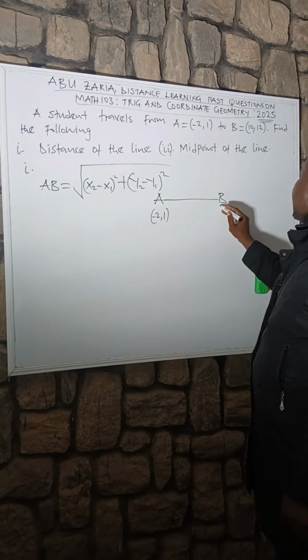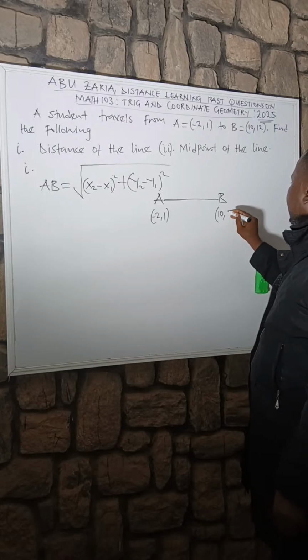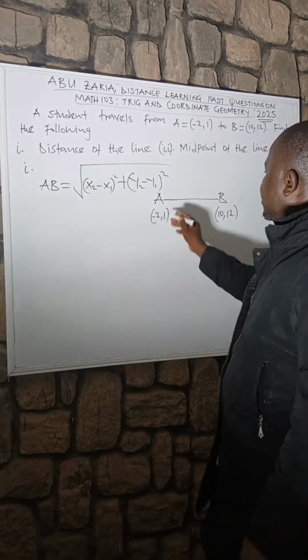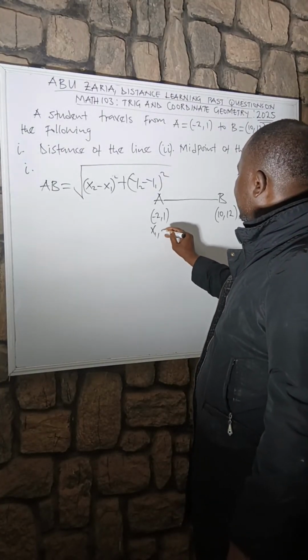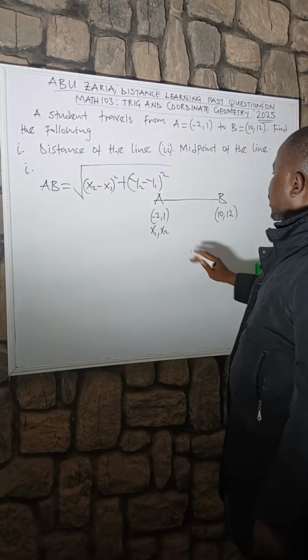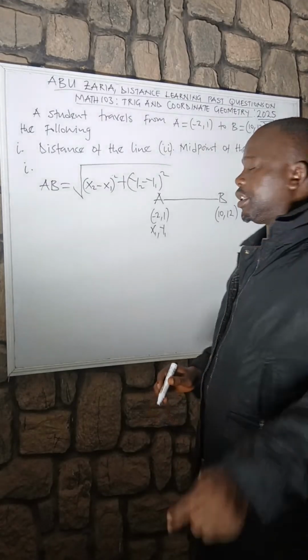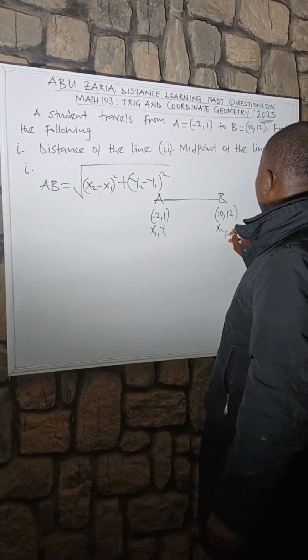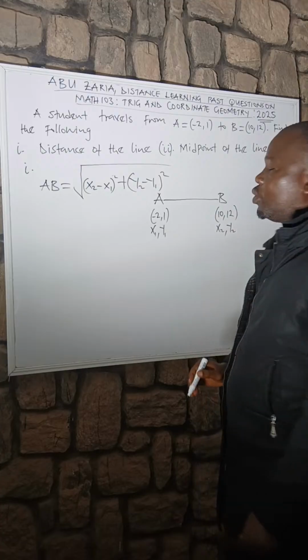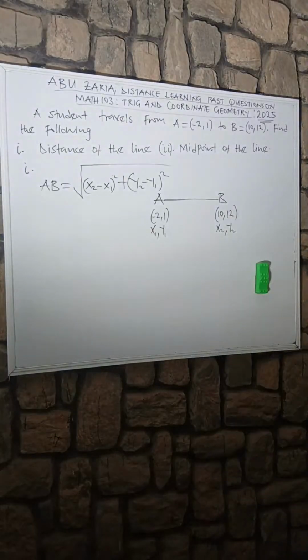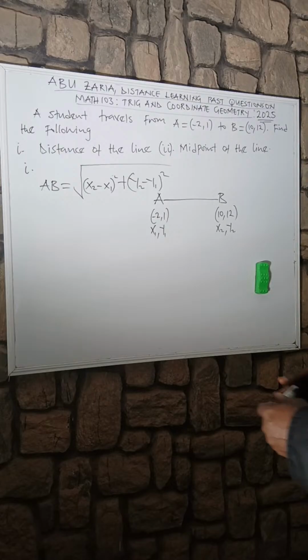Then at point B, we have 10, 12. So this is x1, this is y1 in coordinate geometry, then this is x2, this is y2. Do you understand what I'm trying to explain?